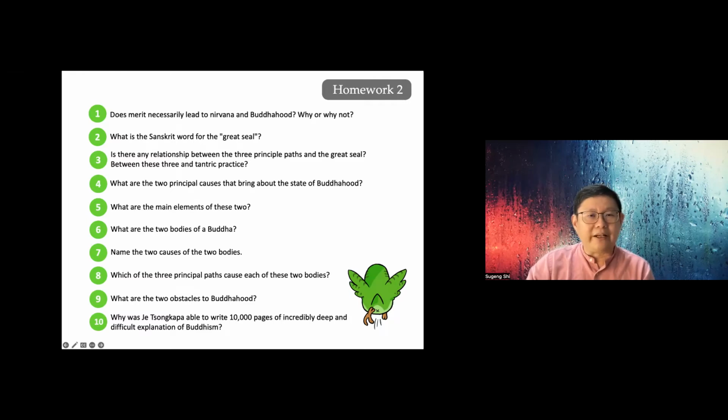So we relate the 3 principal paths to the virtues, right? So we can rephrase the question: is there any relationship between observing the virtues and tantric practice? Definitely. In fact, Geshe Michael mentioned, and I think Je Tsongkhapa also mentioned, if you observe your virtues well, you will go into tantric practice automatically.